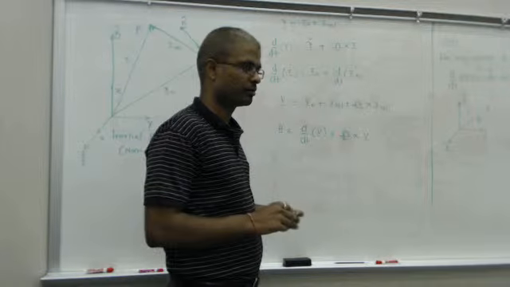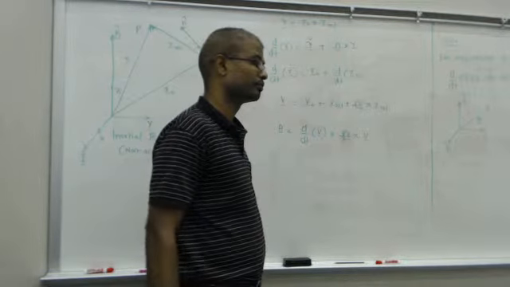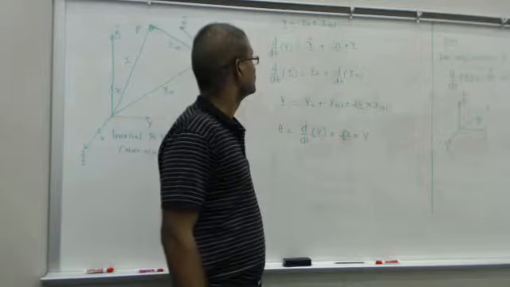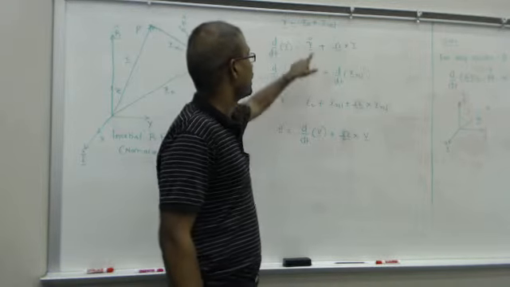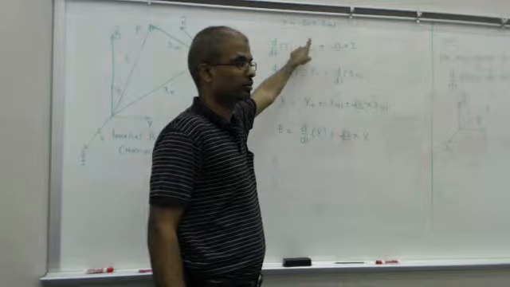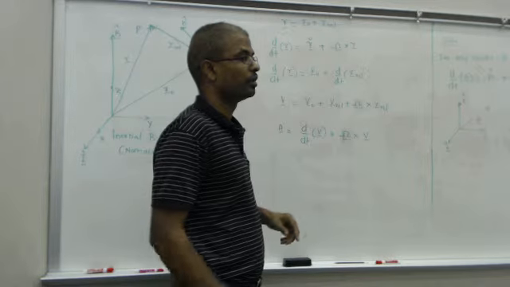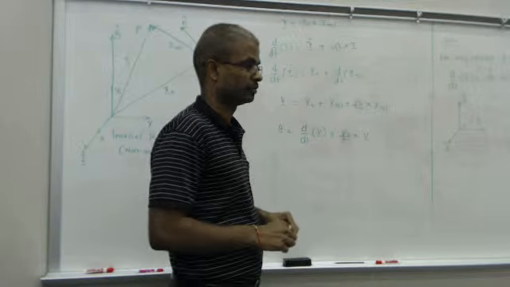Make sense? So R naught equals V dot. R circle dot. Circle dot means local derivative.